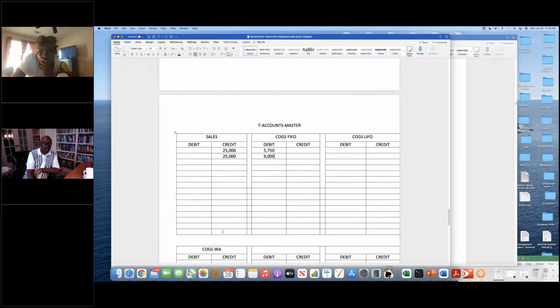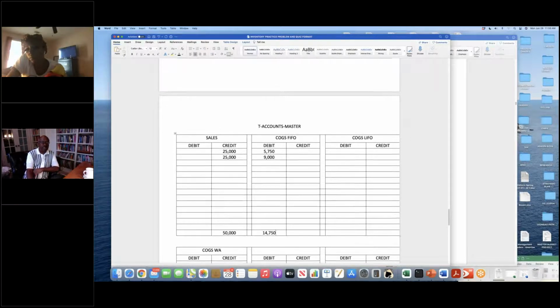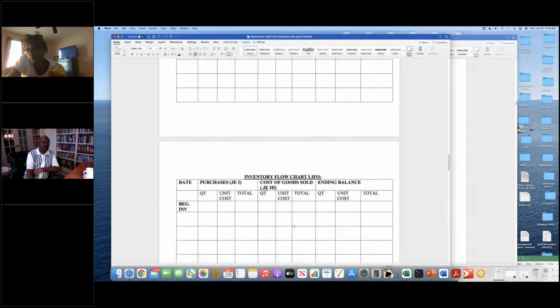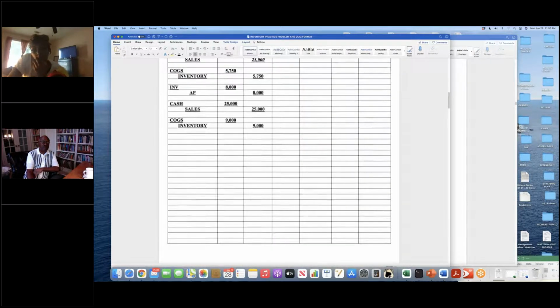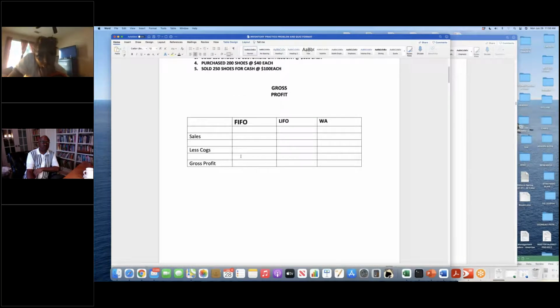So the total amount of sales is what? 50,000. And the total cost of goods sold is what? 14,750. So now we're able to bring these numbers to 50,000 and 14,750.